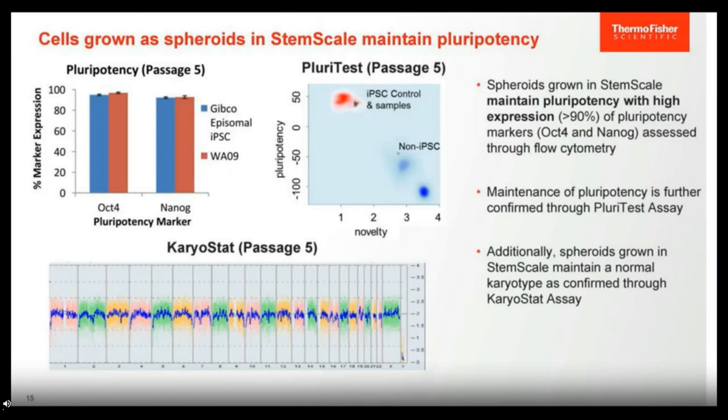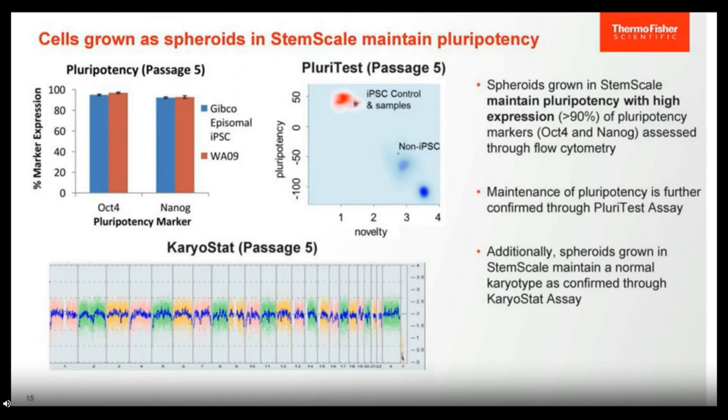And in addition to high expansion potential, we see that StemScale also maintains pluripotent cells over multiple passages. So on this slide, I'm showing that Gibco Episomal iPSCs and WA09 ESCs, which are H9 cells, exhibit over 90% expression of OCT4 and NANOG pluripotency markers as assessed after 5 passages in suspension.